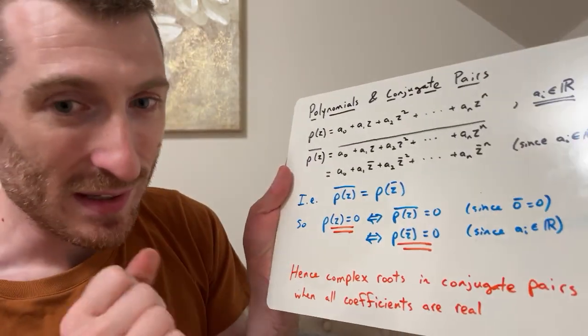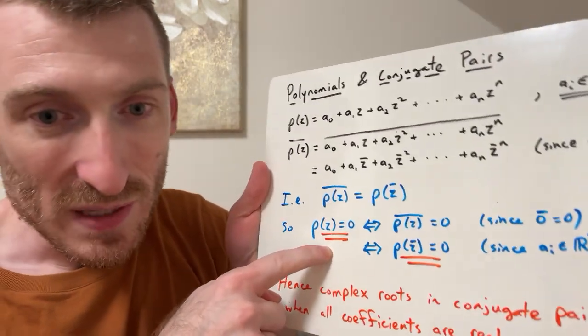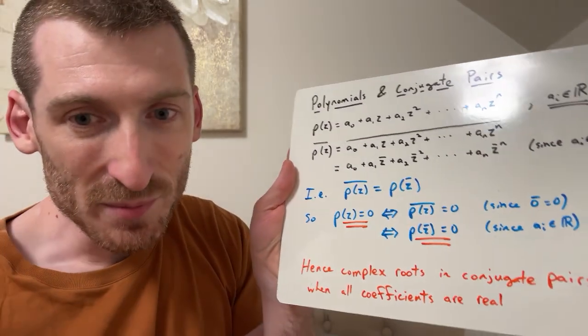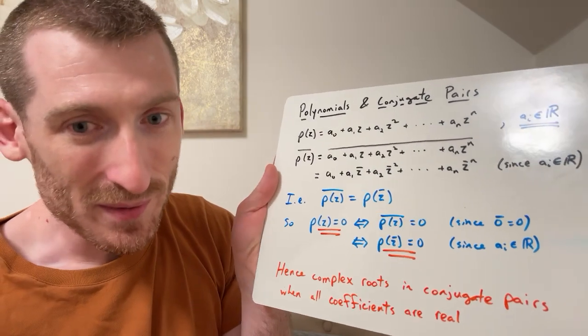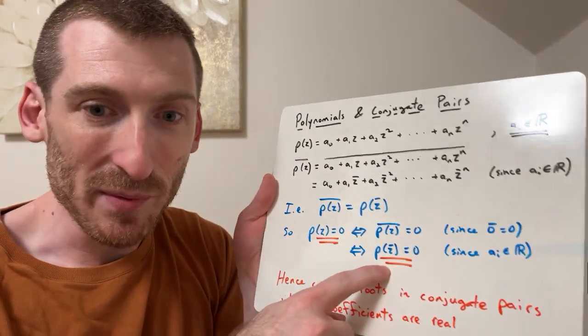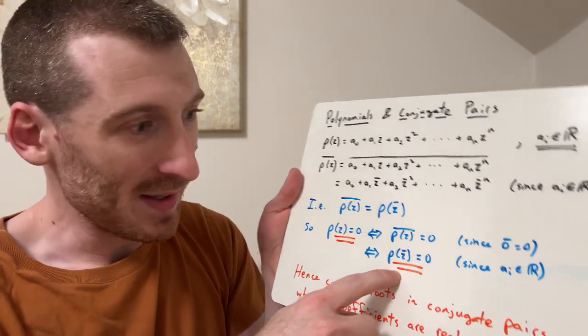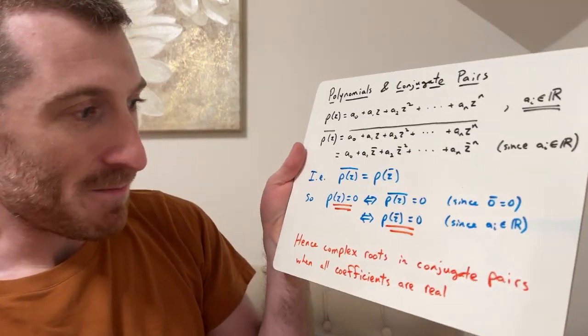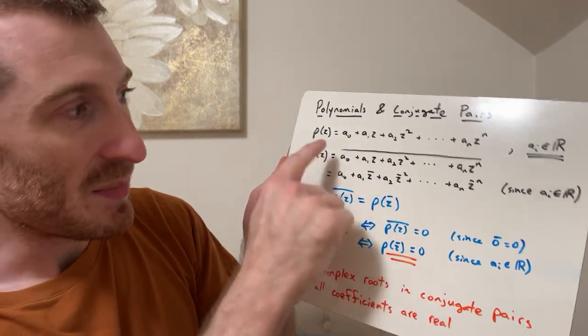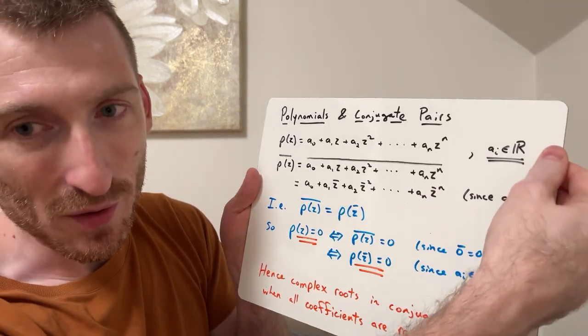What that means is that p of z is 0 if and only if p of z bar is 0, because 0 bar is 0. But that only happens if p of z bar is 0, because p of z all bar is p of z bar. And this applies precisely because we're assuming that all of these are real.